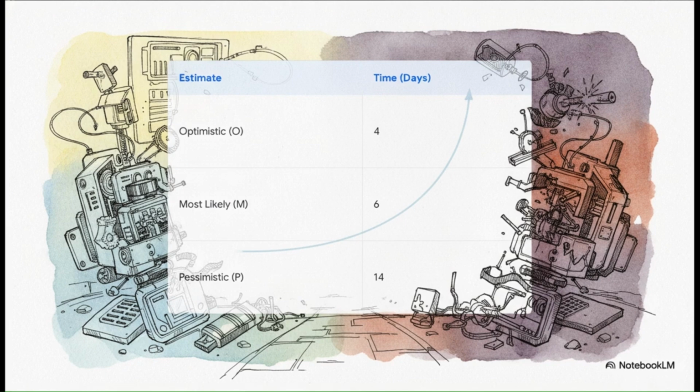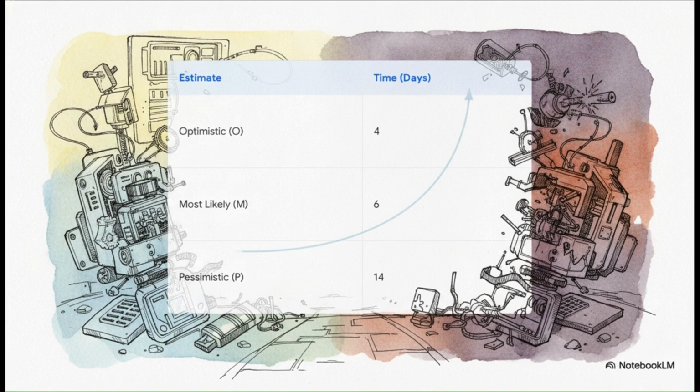They tell you, well, if the weather is absolutely perfect and all parts fit seamlessly, it's an optimistic 4 days. However, under normal circumstances, it will take about 6 days. But if the testing fails or we hit a massive snag, it could drag out to the pessimistic duration of 14 days. Do you see that heavy right-skewed risk there?